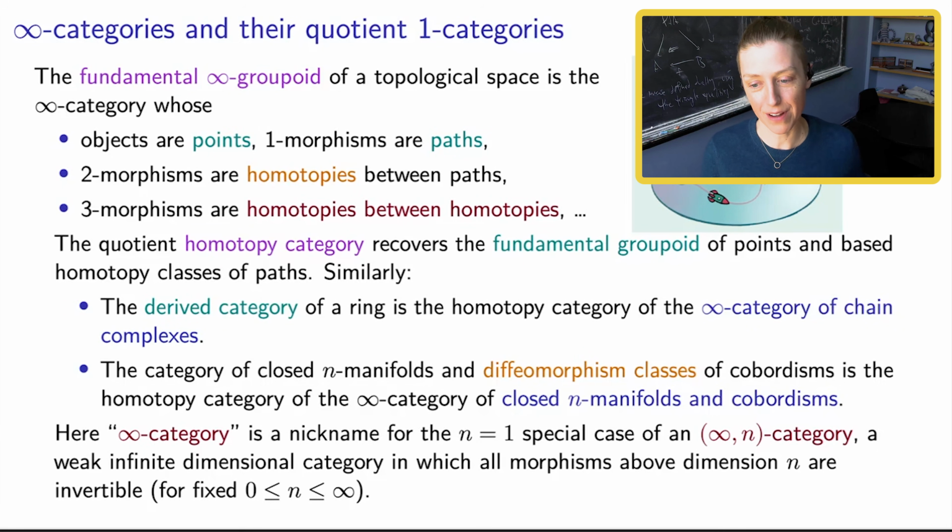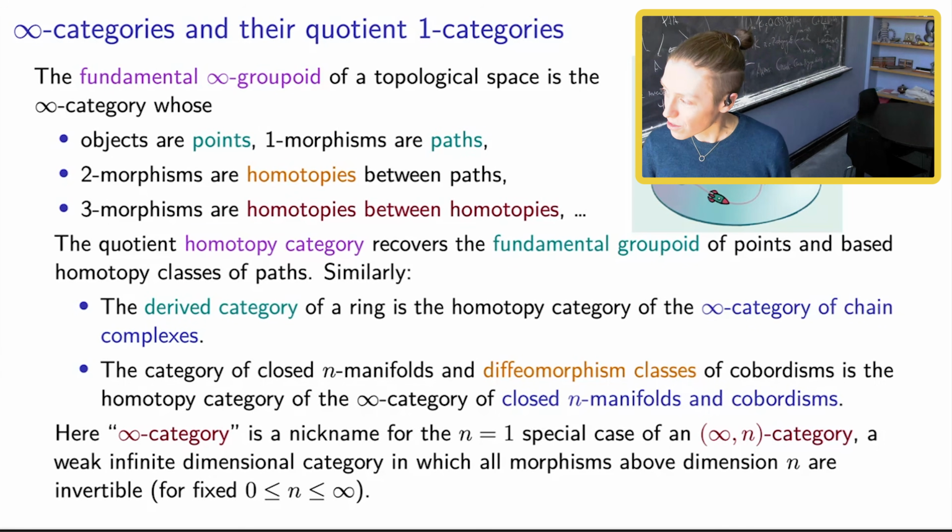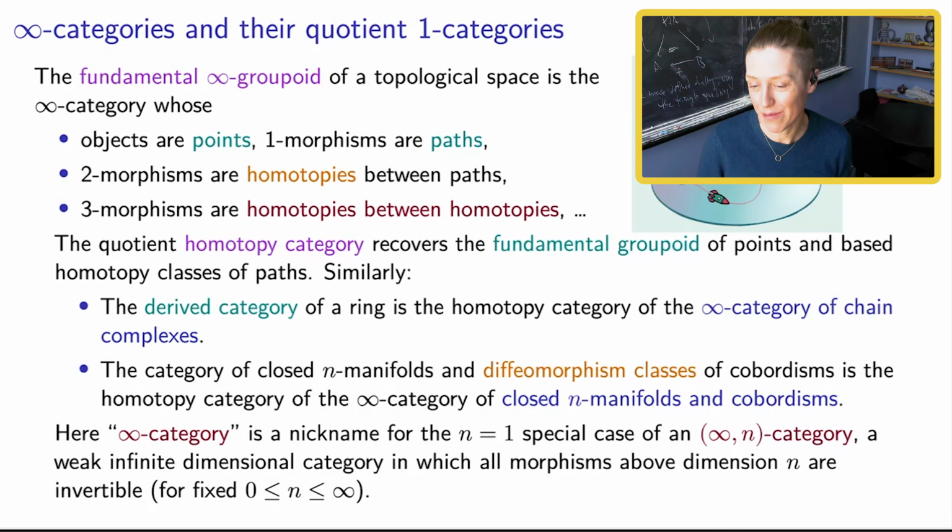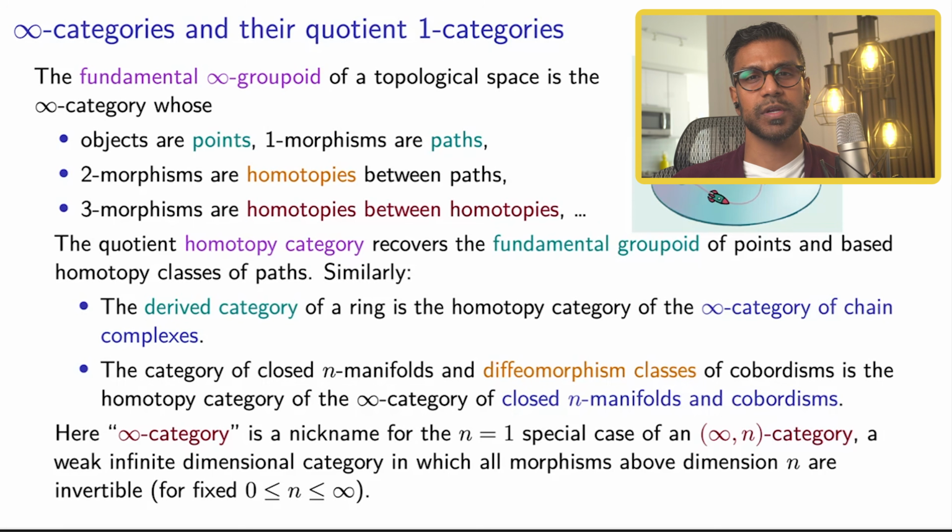In that sense, these infinity 1-categories are closely analogous to ordinary 1-categories like we mentioned at the beginning. There are also infinity 2-categories and infinity 3-categories, and even infinity categories where we have higher dimensions worth of non-invertible morphisms. Those are considerably more complicated, and I don't want to discuss them today, because I'm describing an analogy between infinite dimensional category theory and ordinary category theory that is tightest in the case N equals 1.